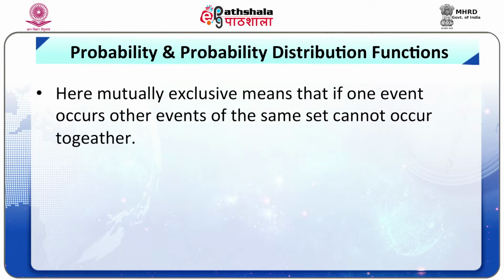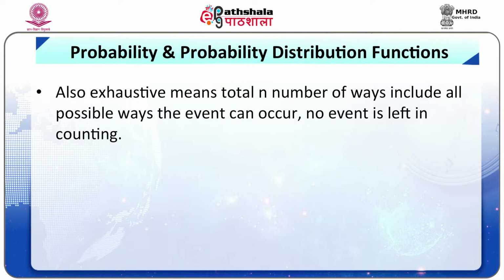Here, mutually exclusive means that if one event occurs, the other events of the same set cannot occur. Also, exhaustive means total n number of ways, including all possible ways the event can occur. No event is left in the counting.